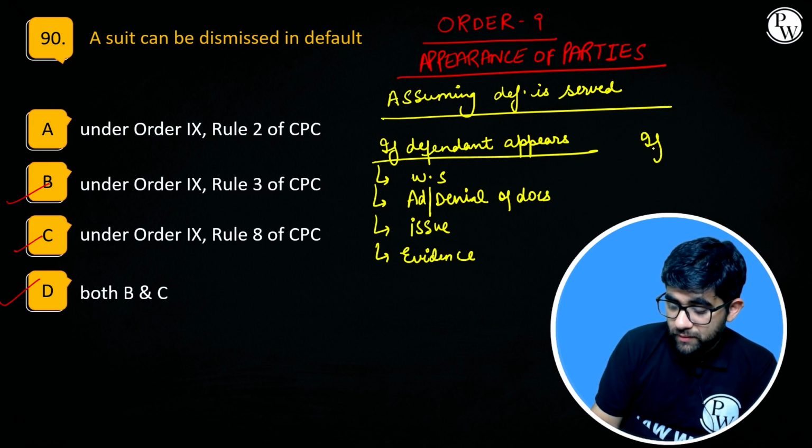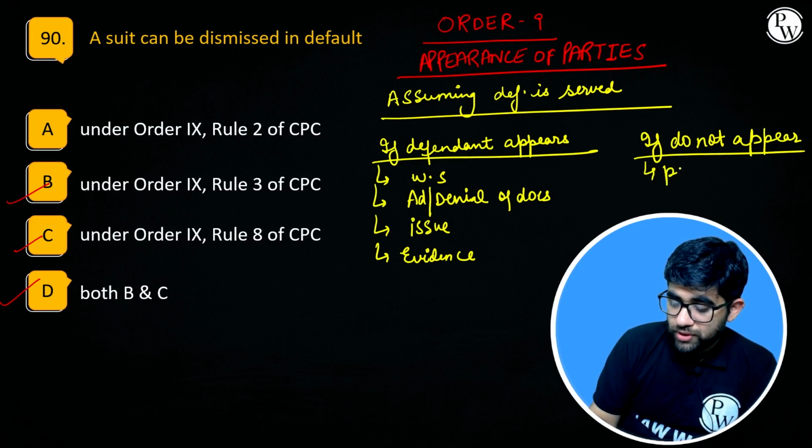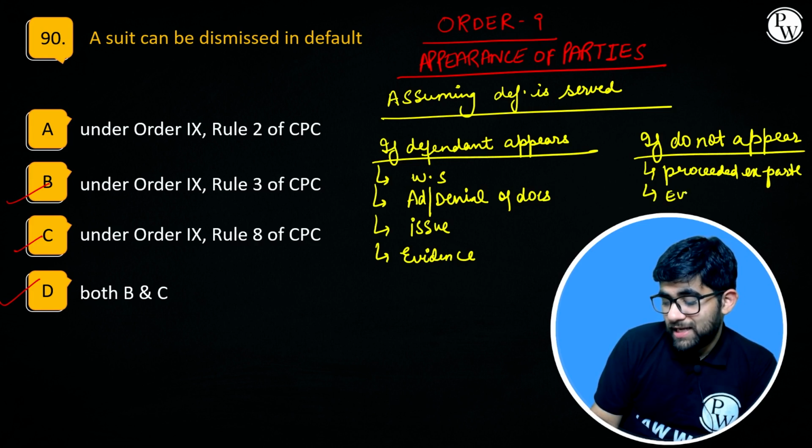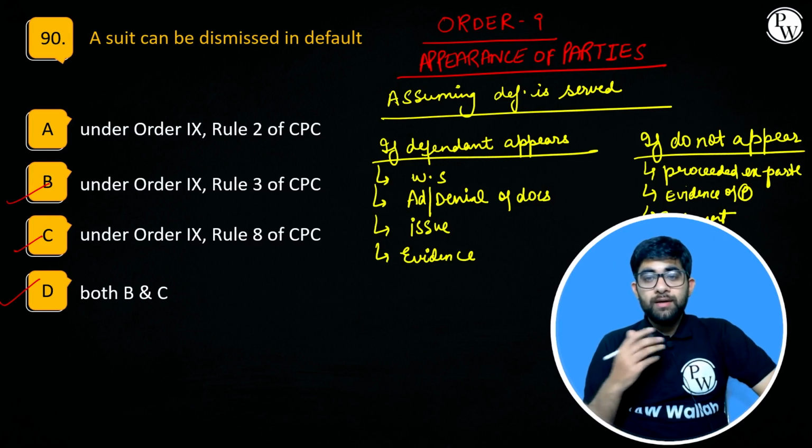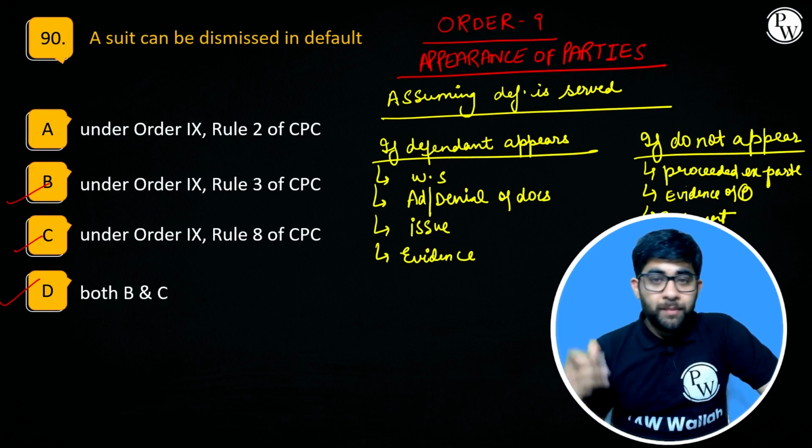If defendant does not appear, then proceeded ex parte, evidence of plaintiff, judgment. All right, this is the scenario of the appearance of parties.